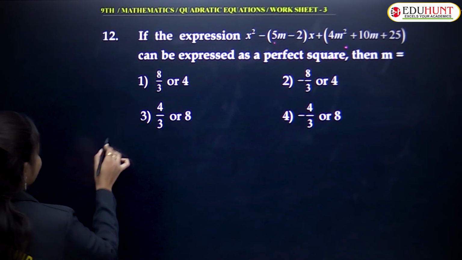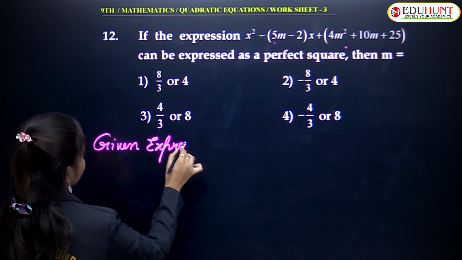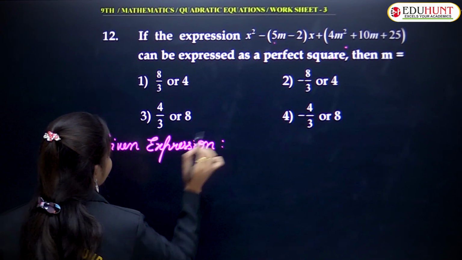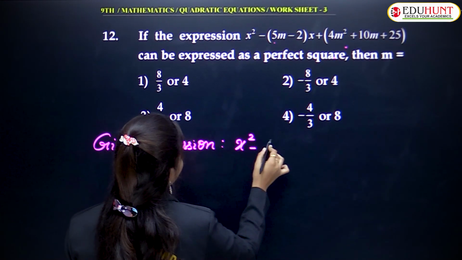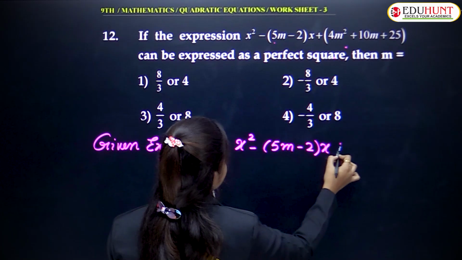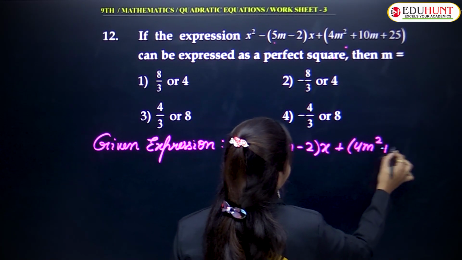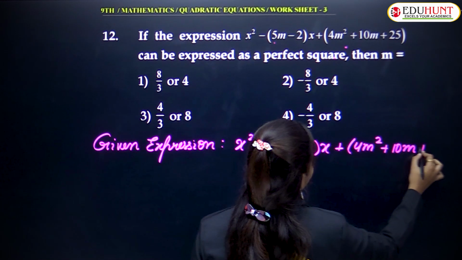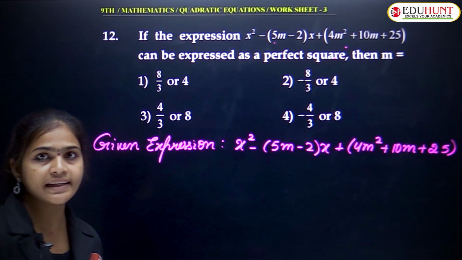What is the given expression? x square minus (5m minus 2) into x plus 4m square plus 10m plus 25. That is the given quadratic expression.